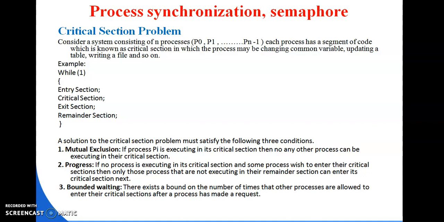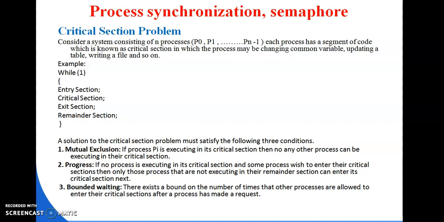Before that, let's come to what the critical section problem is. Consider a system consisting of n processes P0, P1, up to Pn minus 1. Each process has a segment of code, known as the critical section, in which the process may be changing common variables.